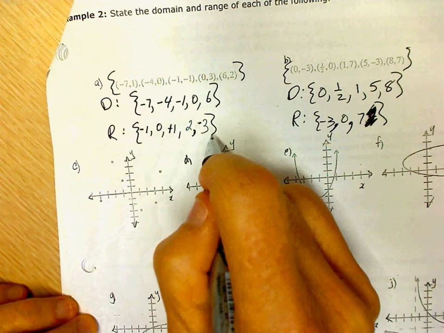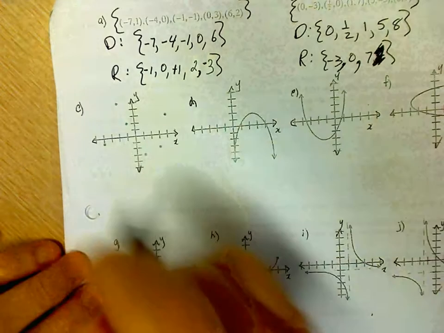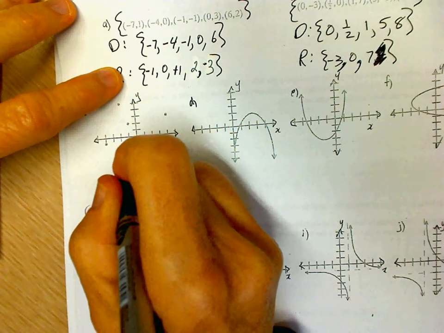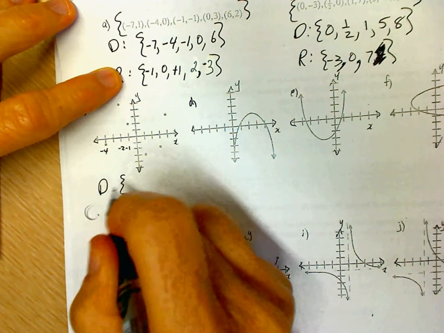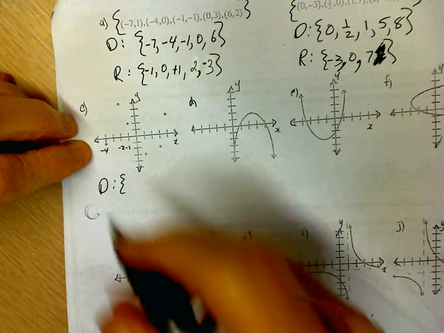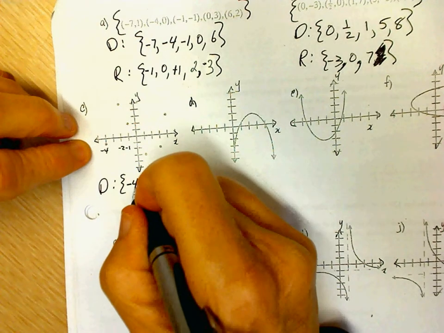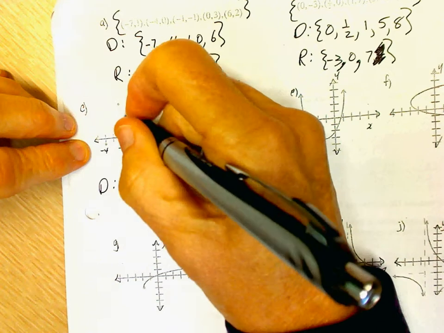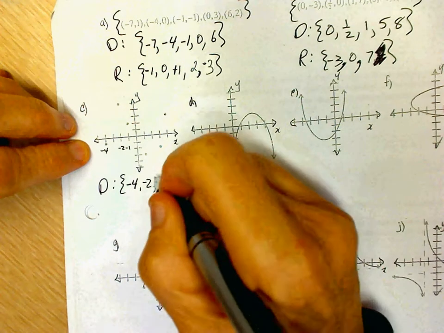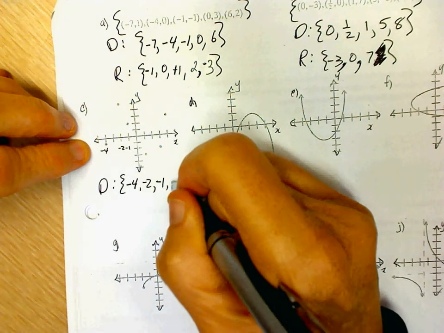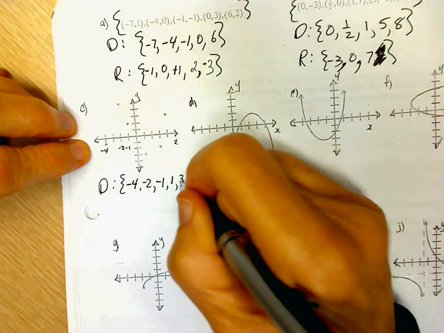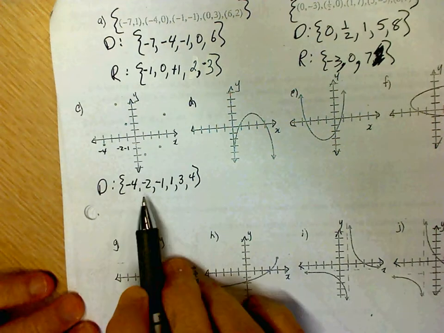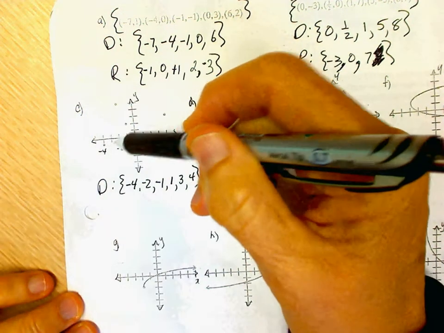Okay, can you tell me the domain for this, assuming this is -1, -2, -4? The first one would be -4, right? That point corresponds to -4. This point is -2, -1, +1, 3, 4. We're reading these values for each dot.